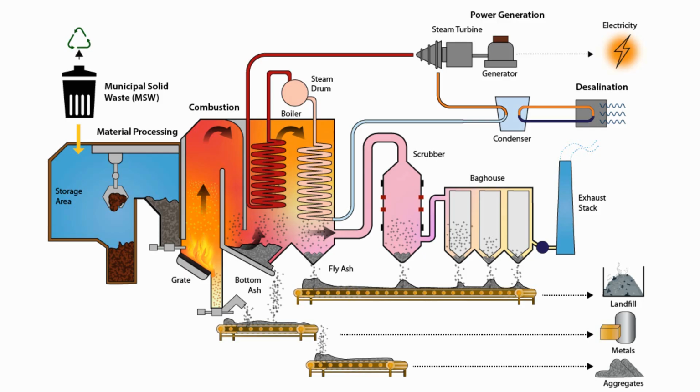If it's a waste-to-energy plant, we may then take this waste and send it for sorting before it's fed to the boiler. A lot of the older plants don't do this, they will just feed it directly to the boiler as it is. And the same occurs with a biomass plant. We're going to burn the biomass or the waste within the boiler, but unlike the coal example we looked at previously, we're going to use a grate for feeding the biomass and the waste into the boiler.